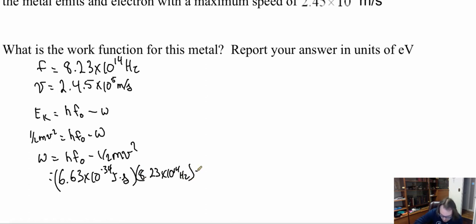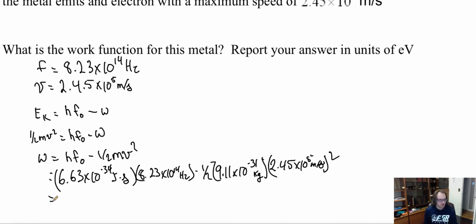And we want to subtract 1 over 2 times the mass of an electron, which is 9.11 times 10 to the negative 31 kilograms, and we know my velocity is 2.45 times 10 to the 5 meters per second, and we want this squared.